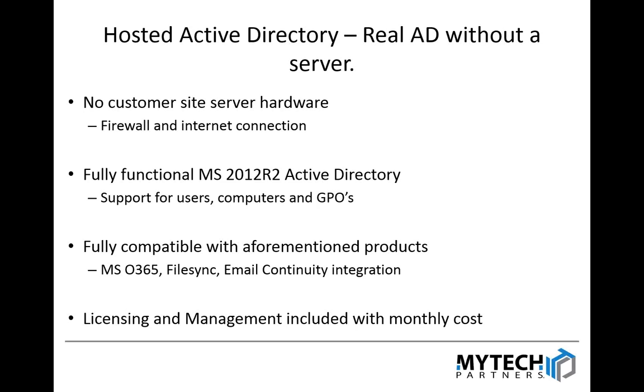Those Active Directory components integrate very well with O365, with the file sync tools, with our email continuity products, with a lot of other web-based and SaaS-based applications. However, they still require you to have this Active Directory structure, which historically has required you to have a device on site to provide that directory of usernames and passwords.